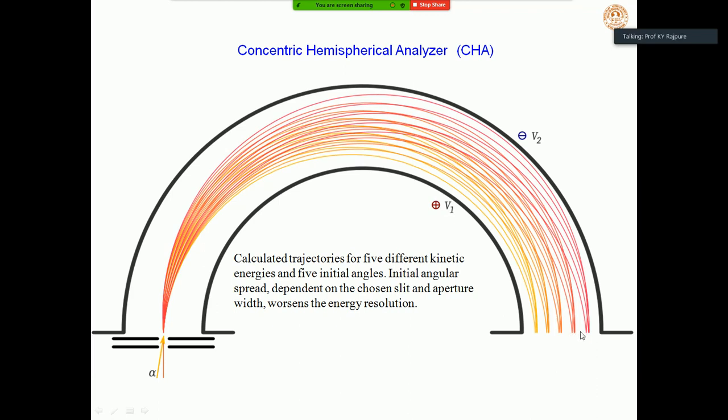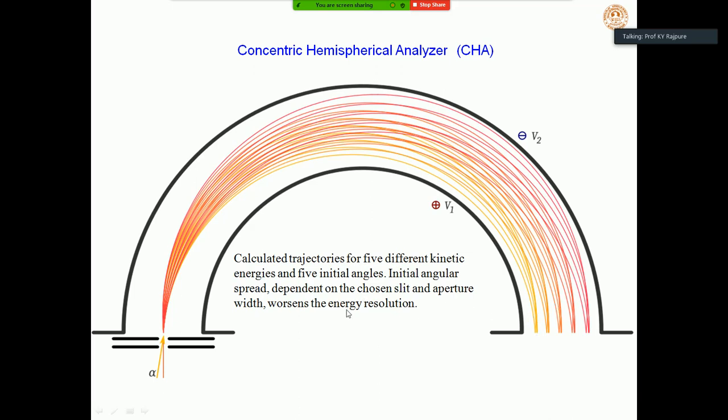So you can say that your detectors are at 5 radii of this hemispherical analyzer. And you have given different voltages to different radii of these analyzers. So there is a relation between energy, voltage and radius. At that particular radius, you get the electrons having that energy. Simple. So in this way, the electrons are filtered.